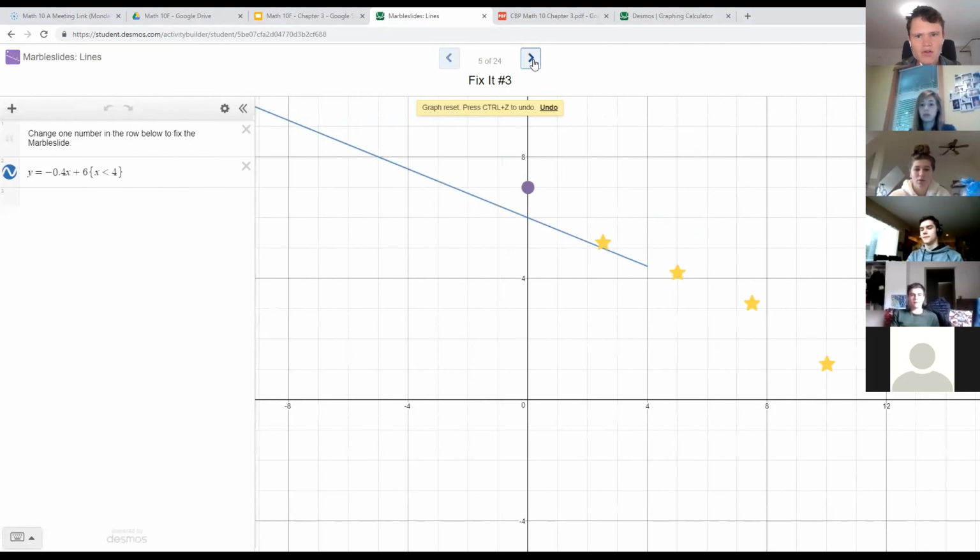Okay, I want to show you this, because this is new notation. These curly brackets here remind us of domain and range, right? And so here we're saying that x has to be less than 4.